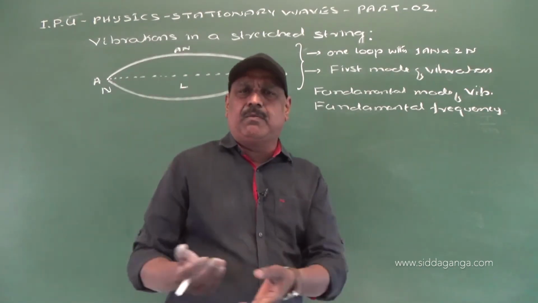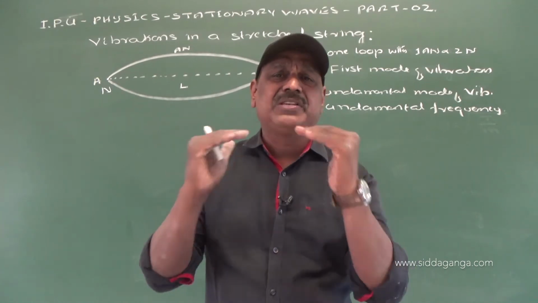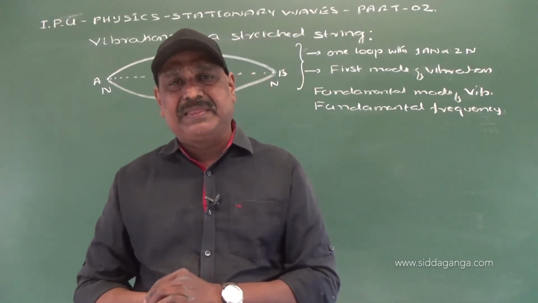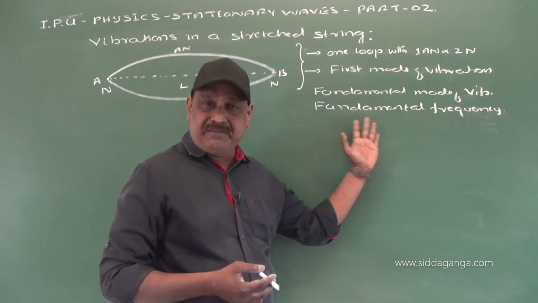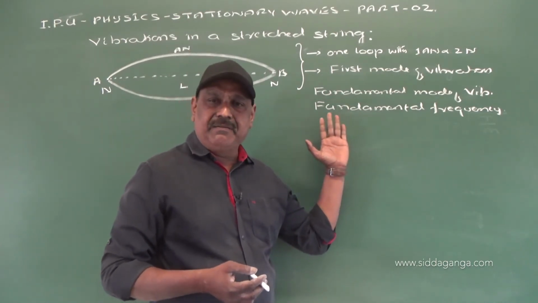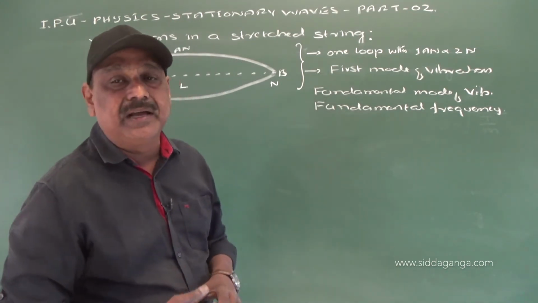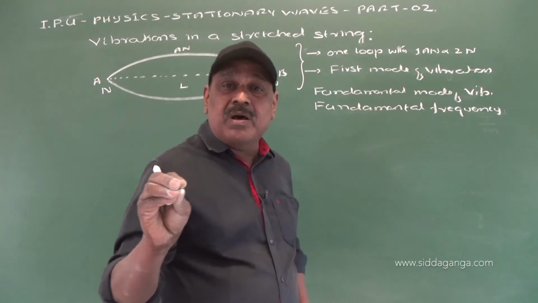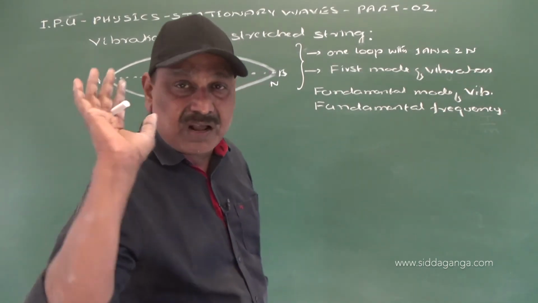If any vibrating body vibrates with the lowest possible frequency, then its frequency is the fundamental frequency. In the fundamental frequency of a stationary wave, the minimum number of possible nodes and antinodes are formed.